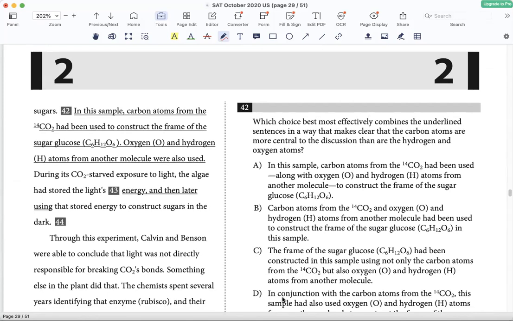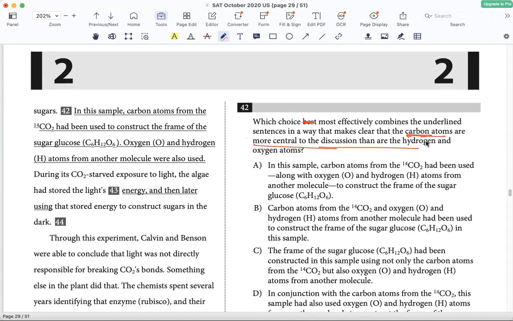Oxygen and hydrogen atoms from another molecule were also used. Which choice most effectively combines the underlying sentences in a way that makes clear that the carbon atoms are more central to the discussion than the hydrogen and oxygen atoms?